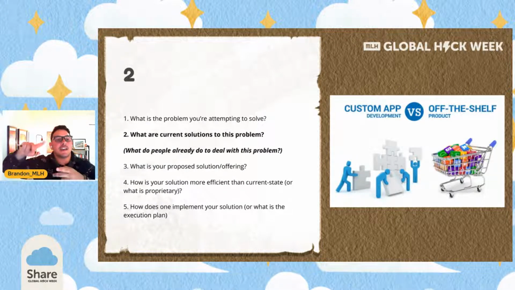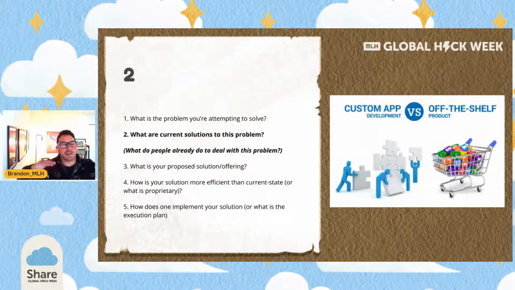Maybe I was trying to save time or reduce the cost of something with whatever my product is. But I see that all these other solutions out there might take a little bit longer or cost a little bit more money, but you have to do a cost benefit analysis and see, is it going to take way too much work for you to implement your solution to actually get the benefits that your product has versus another?